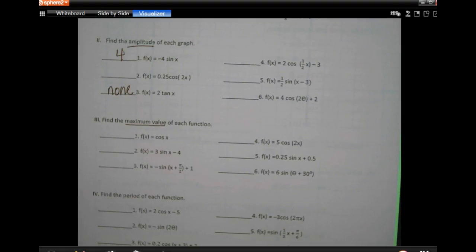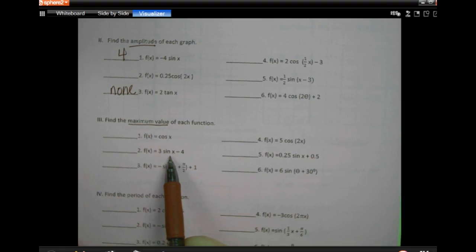On this one, you only have to do the 1, not even the -1 this time. So for instance, the maximum for number 2, 3 times 1 is 3, minus 4, -1. What's 1 times 1?